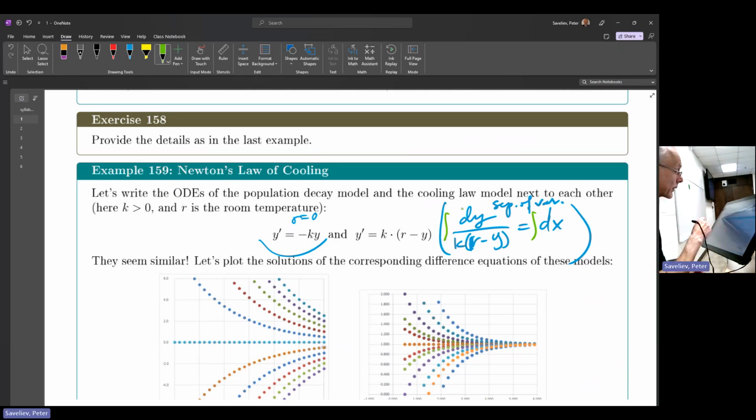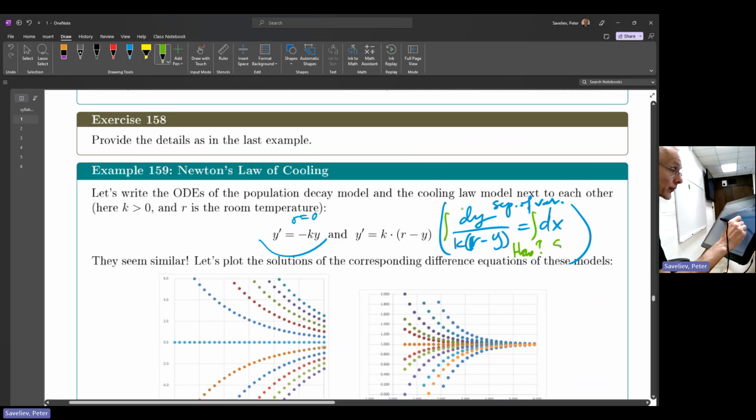If I were to integrate the one on the left, how do I do it? One word answer. So how do we integrate here? I would like a one word answer here. Substitution, that's right.